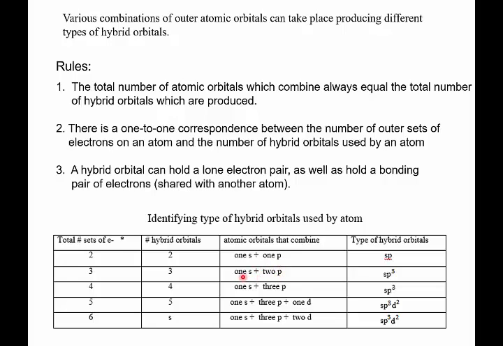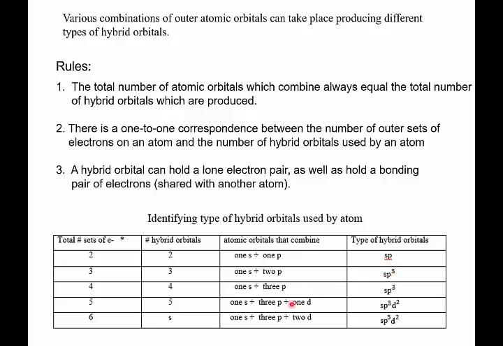Now, in this case, we deduce that to get 3 hybrid orbitals, it's going to get that by combining 1s and 2 p orbitals. The name applied to those hybrid orbitals is sp2, and there's a mistake right there. There should be a 2, not sp3. All right, that should be a 2.